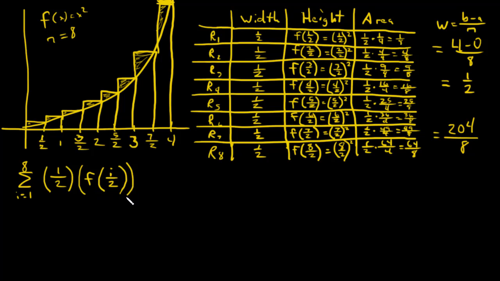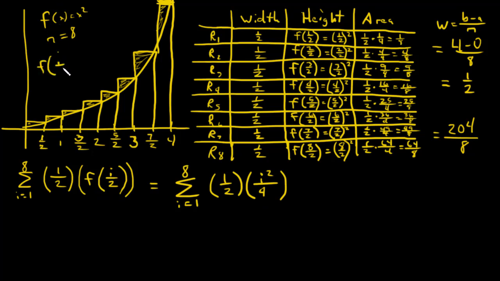Okay? So what does that give me? Well, the function is x squared, so now I can rewrite this as summation I equals 1 to 8 of 1/2 times I squared over 4, because that's what happens when I feed I over 2 into x squared.